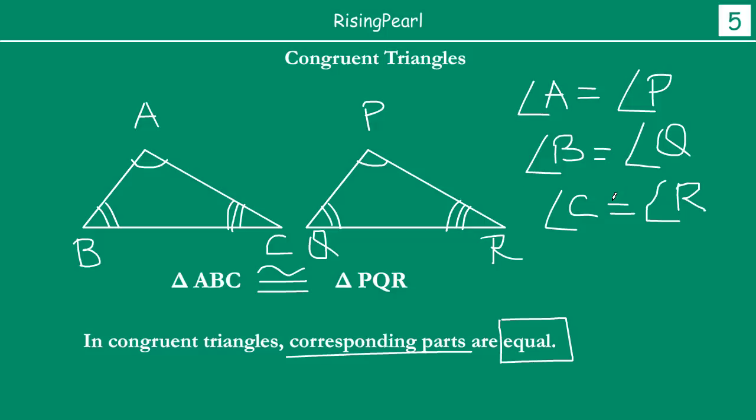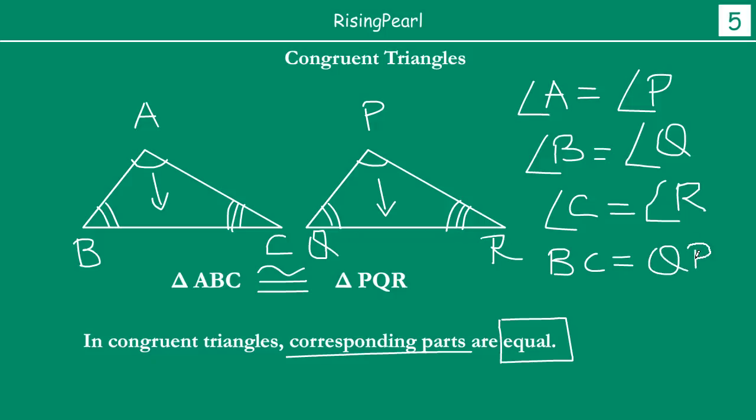Not only that, but remember a triangle has angles and sides. So the side which is opposite to angle A, what is the corresponding side to this? It is side BC. So BC should be equal to what? A is equal to P, so the side opposite to this is QR.